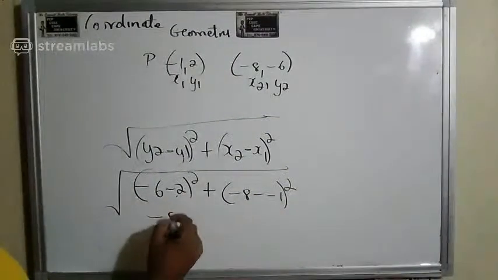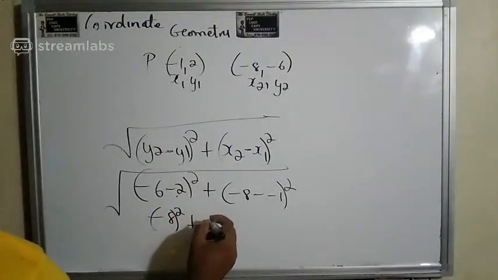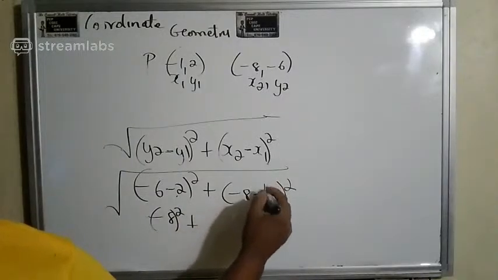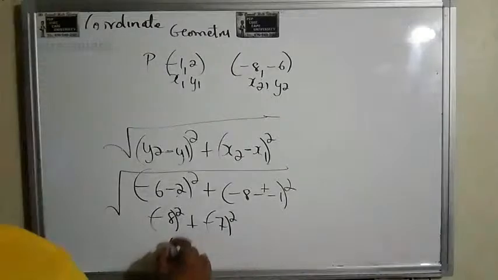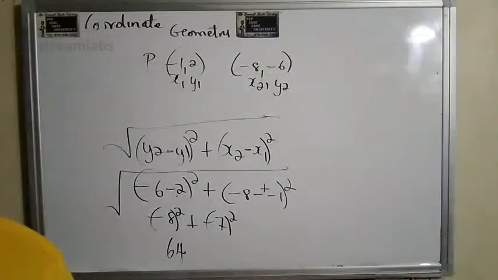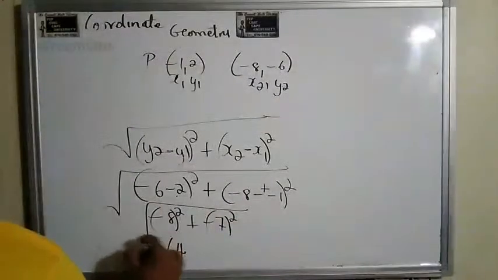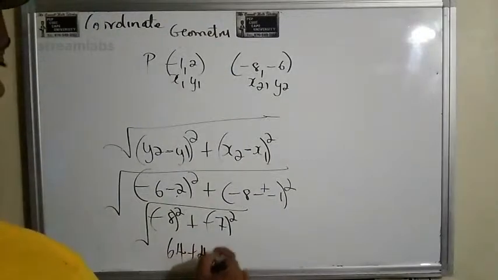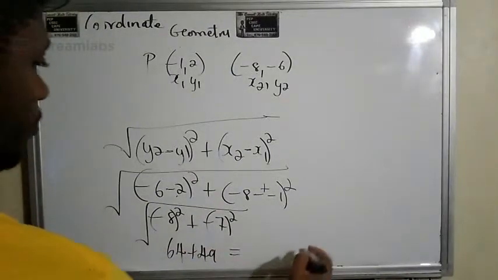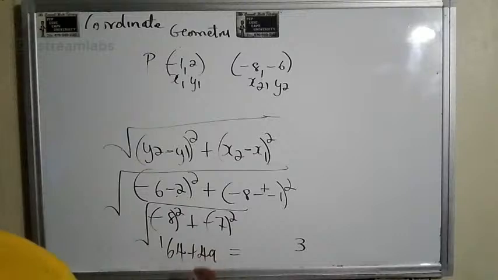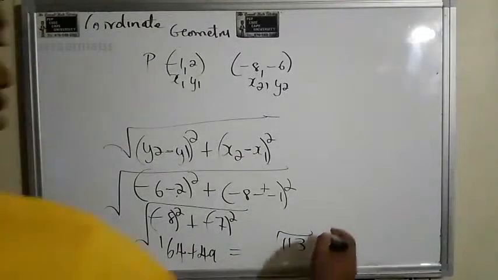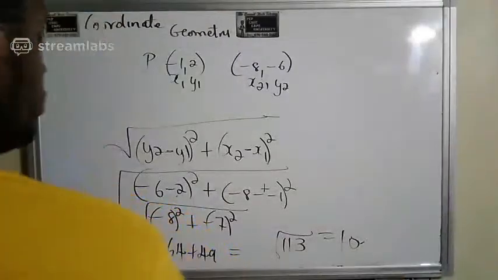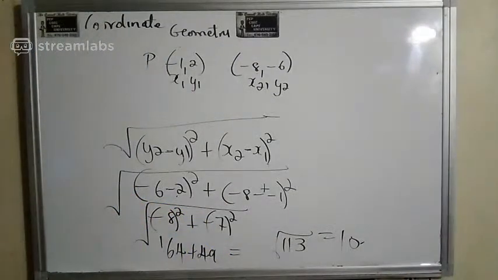So this is going to give us negative 8 squared, and negative that becomes plus, so this gives us negative 7 squared. 8 times 8 is 64, and 7 times 7 is 49. So just add these up: 9 and 4 is 13, 3 carry 1, 6 and 4 is 10, and 1 is 11. Square root of 113. That gives you 10 point something, since 10 times 10 is 100 and 11 times 11 is 121. So it's between 10 point something and that.